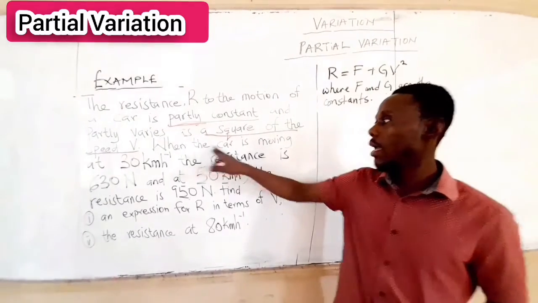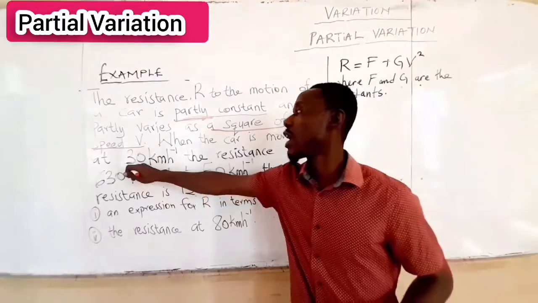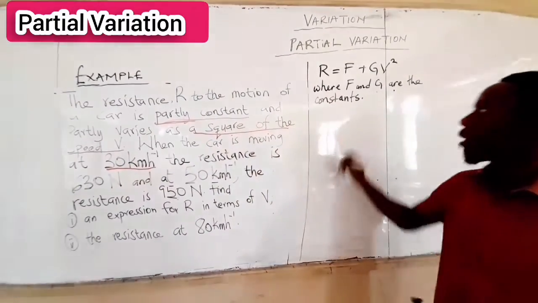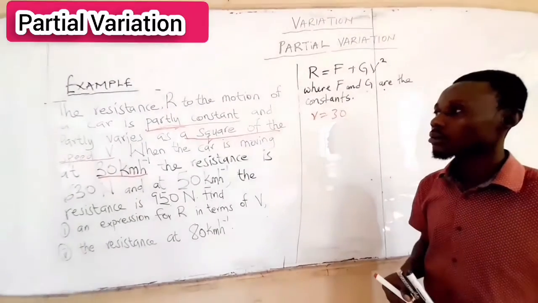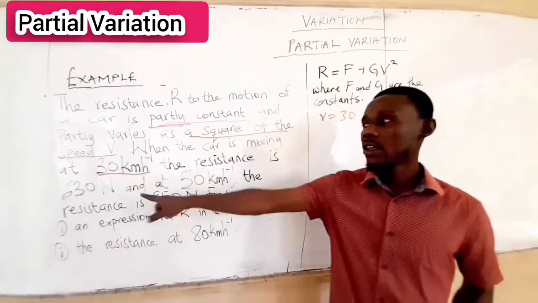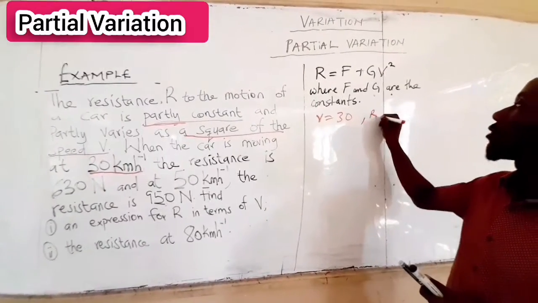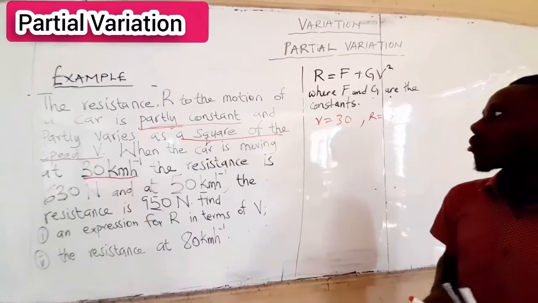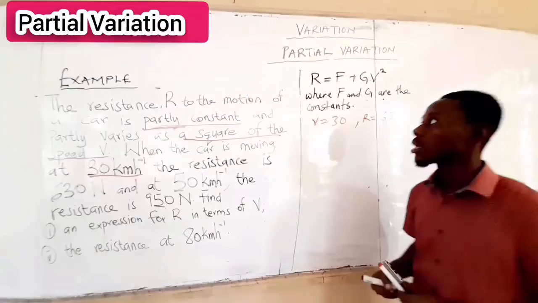When the car is moving at 30 kilometers per hour, that means we have our speed, our V becomes 30, and the resistance is 630 Newton. That means we have our R to be 630. We are going to use this one to form our first what? Equation.